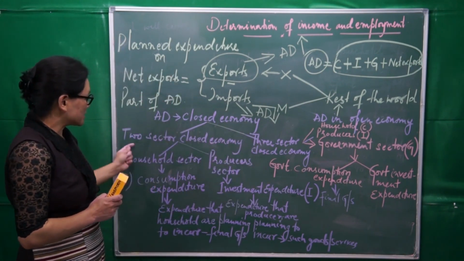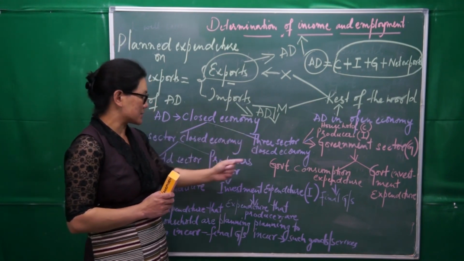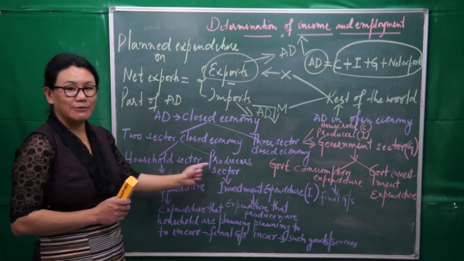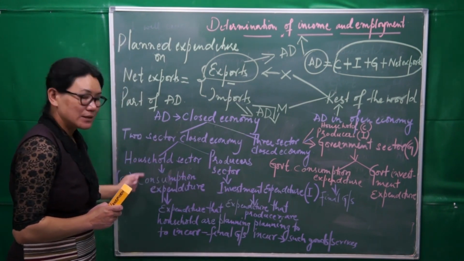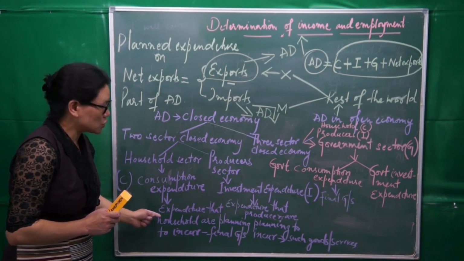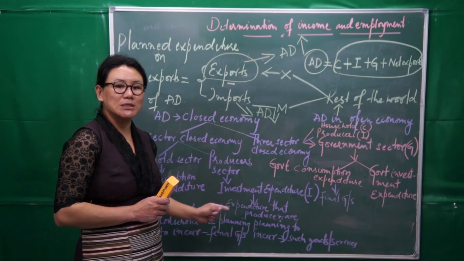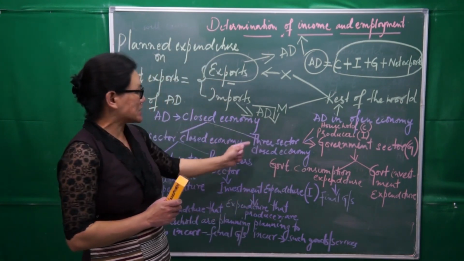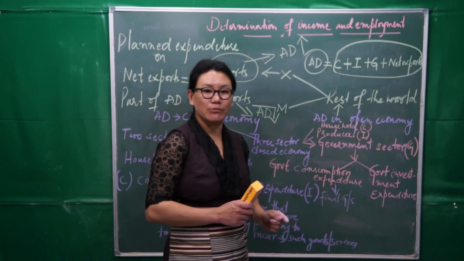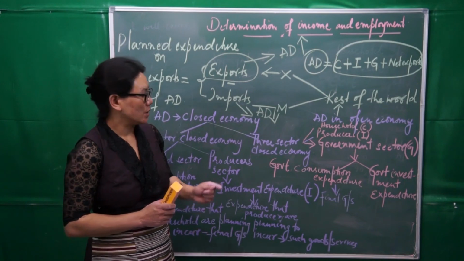The first sector, that is AD in closed economy, 2 sector, and here 3 sector. 2 sector having producer and household sector, and household sector are planning to incur some expenditure, like same producer are planning to incur some expenditure. Okay, these 2. And then in the 3 sector closed economy, we have taken government. So government expenditure, planned expenditure.